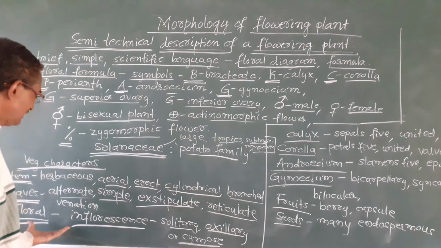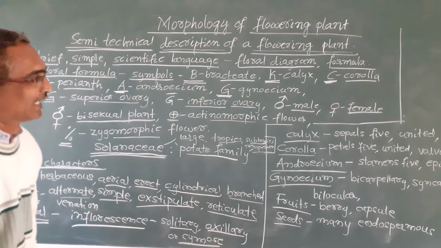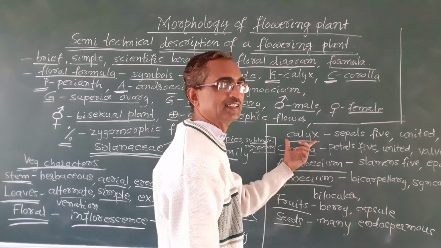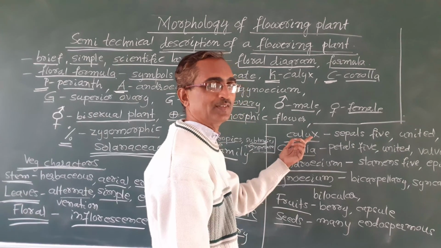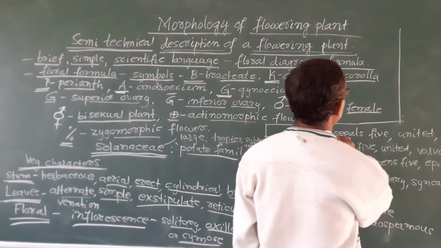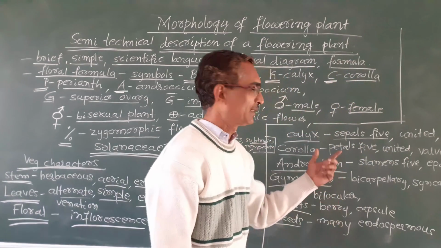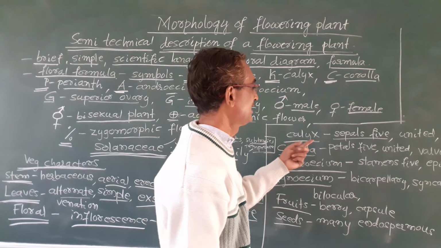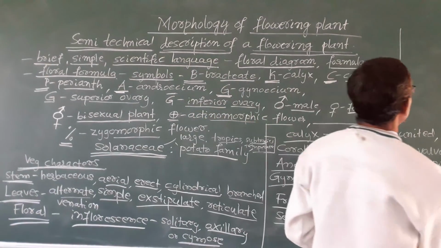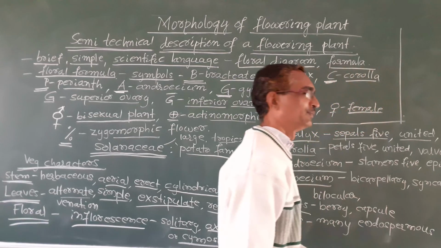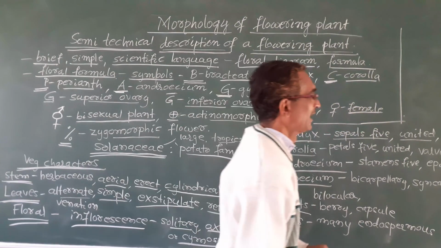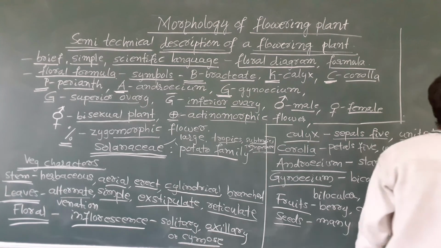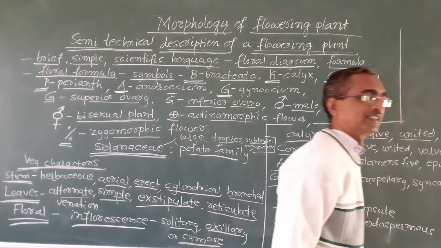After that, the calyx, the outer whorl of the flower. Its individual members are called sepals, and the sepals are 5 in number, united with each other, not free, persistent, and having valvate aestivation.